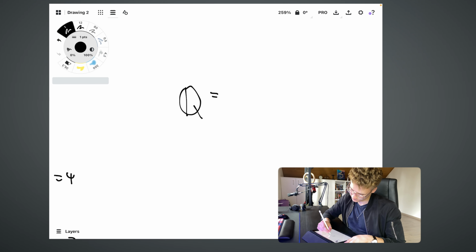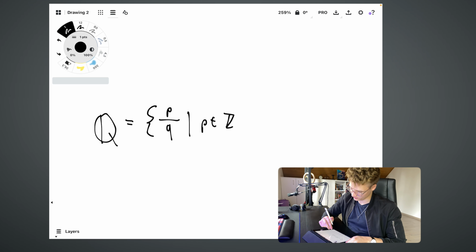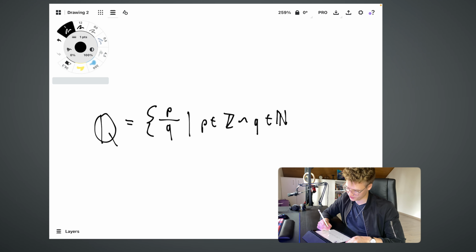And how do we define rational numbers? Well, we define them as a quotient between two numbers, P and Q, where P is an integer and, if we remember from our previous course, the logic symbol and, Q is an element of the natural numbers, and their greatest common divisor is 1.